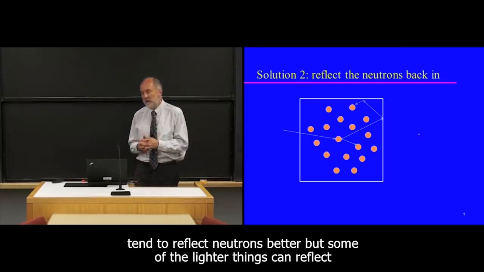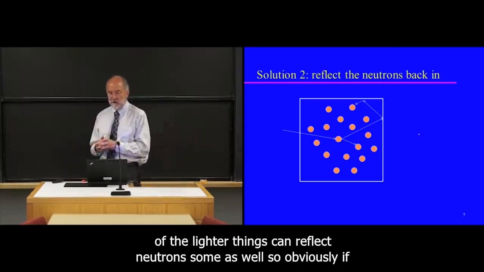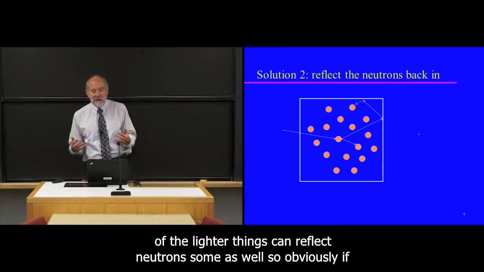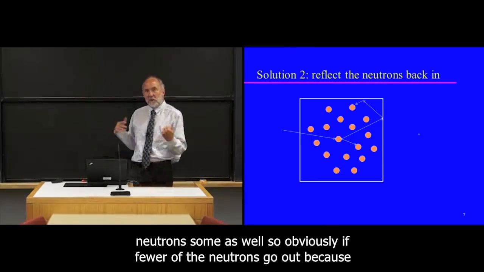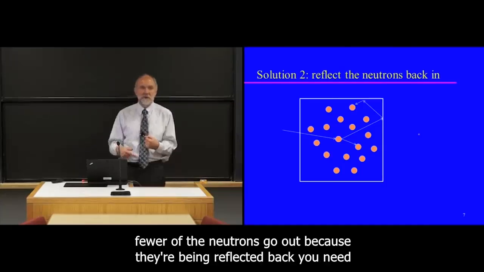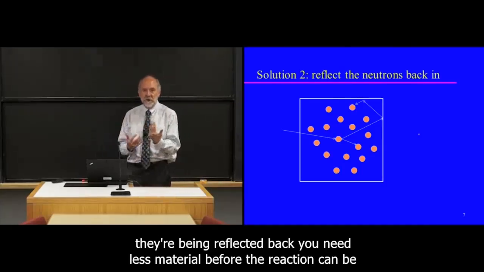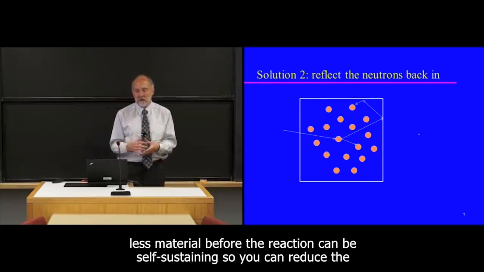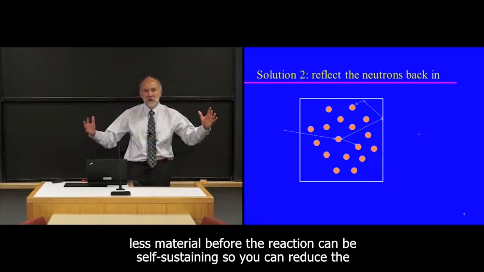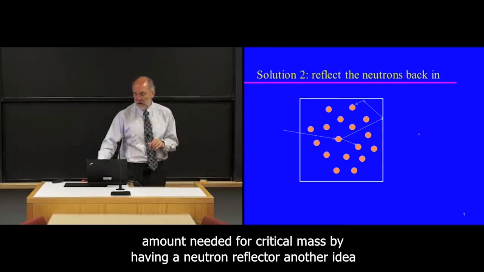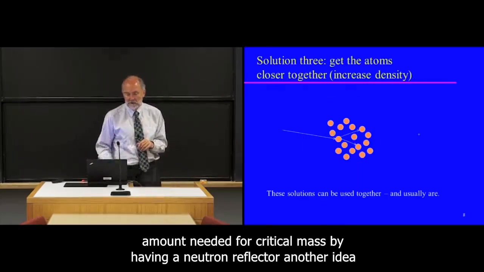But some of the lighter things can reflect neutrons somewhat as well. Obviously, if fewer of the neutrons go out because they're being reflected back, you need less material before the reaction can be self-sustaining. So you can reduce the amount needed for a critical mass by having a neutron reflector.